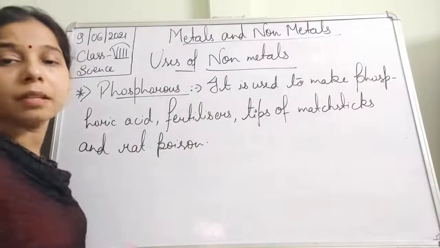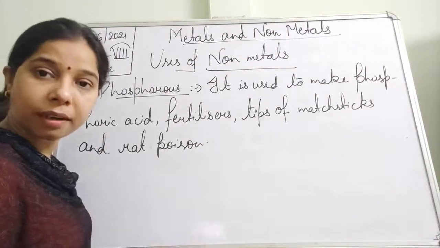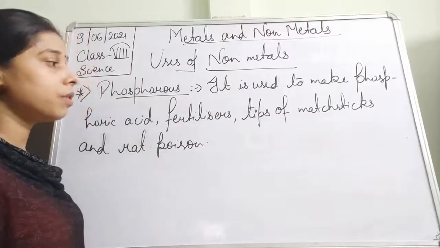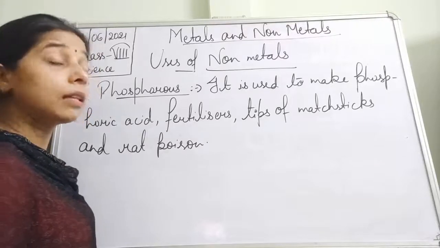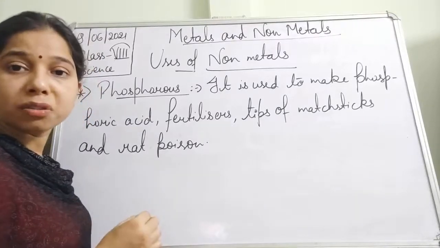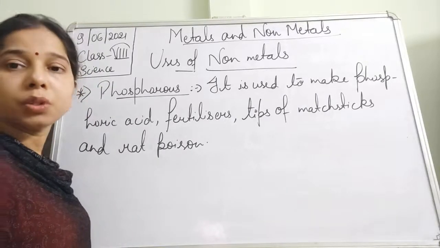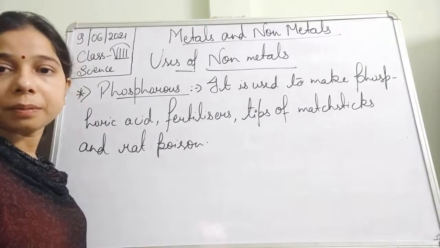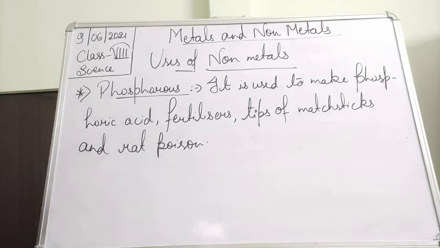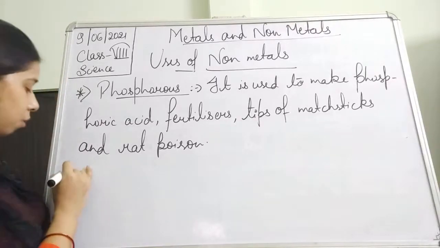So phosphorus is used in making the phosphoric acid. It is also used in making the fertilizers. The tip of the matchstick is also made up of phosphorus, and it is also used in rat poison.